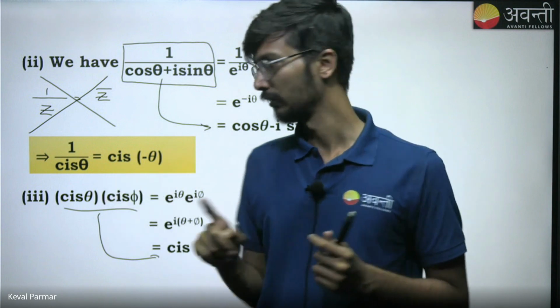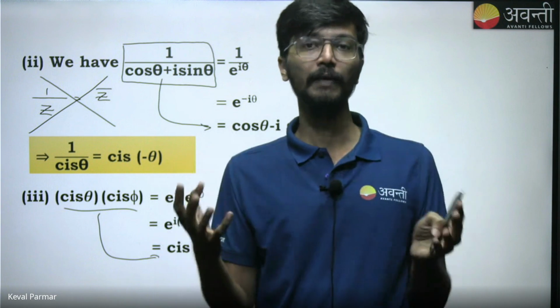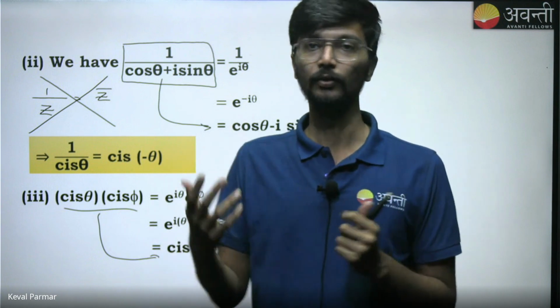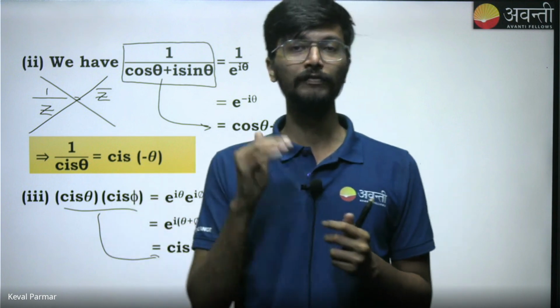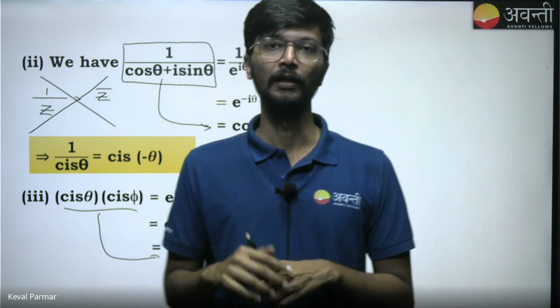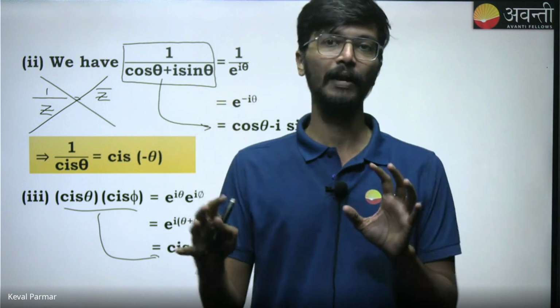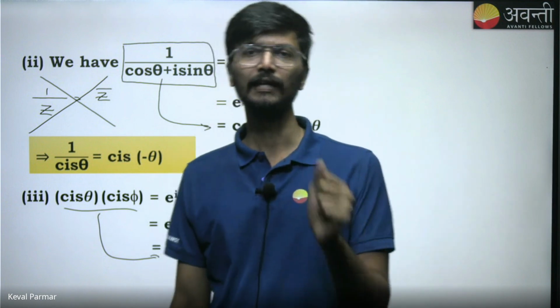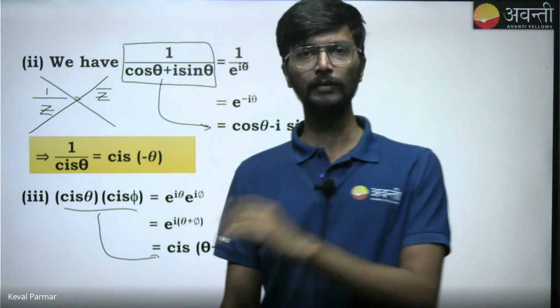Because we can use the properties of exponentials. But whenever there is addition and subtraction, we do not use Euler form, obviously, because addition and subtraction we can directly do by Cartesian form or the polar form.